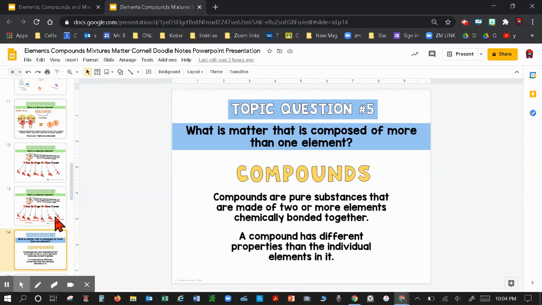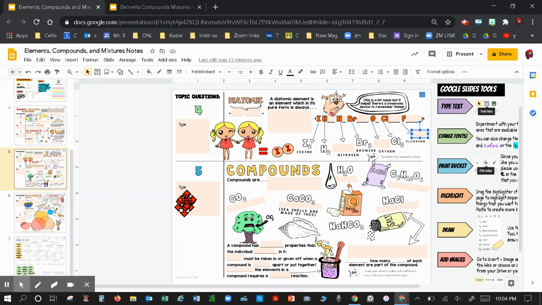Okay. Our next topic is topic number 5. What is matter that is composed of more than one element? You'll fill that out here in this box.